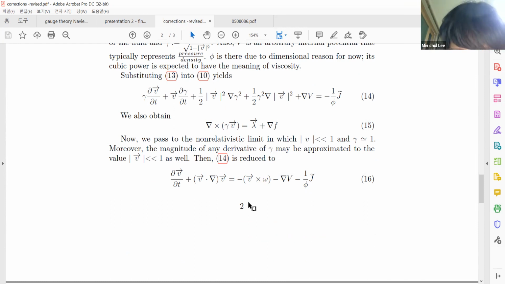I'm a little bit confused because I'm not very familiar with fluid dynamics. According to standard fluid dynamics, this term should vanish, right? No, it shouldn't vanish. That term should not be there in that equation. Either the second term on the left side should not be there, or the first term on the right side should not be there.